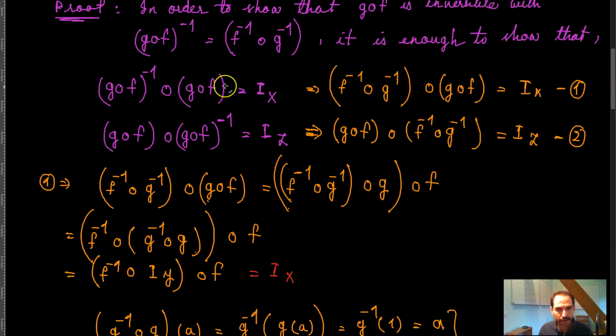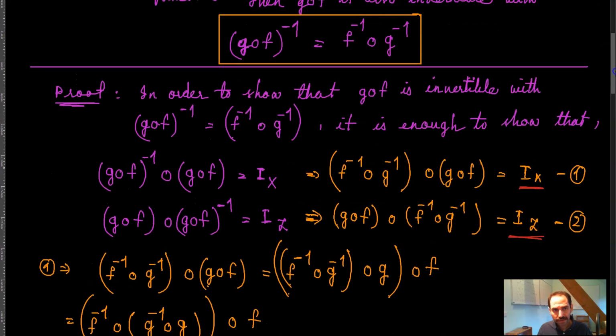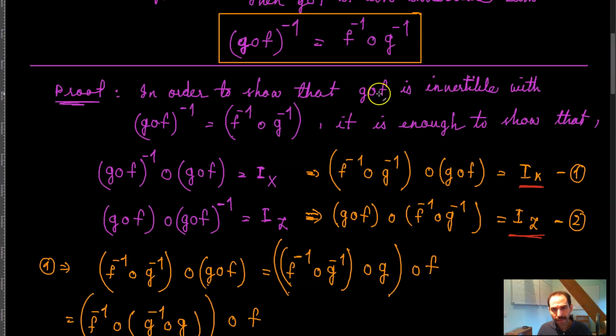We wanted to show that f inverse composed with g inverse composed with g of is equal to I of x, and that's what we got. And using the same logic, you can show that g of composed with f inverse composed with g inverse is equal to I of z, and that proves that g of is invertible with this.